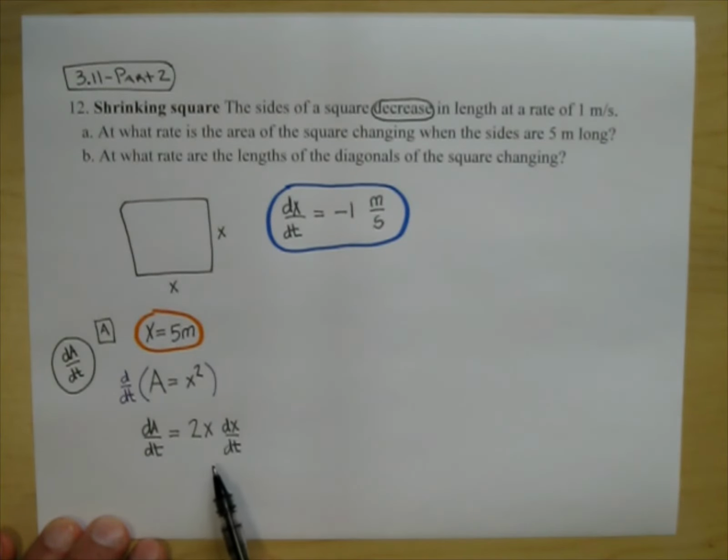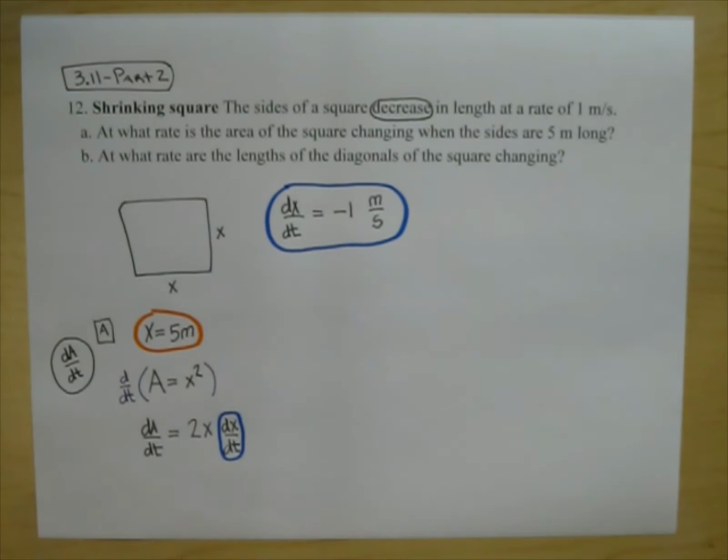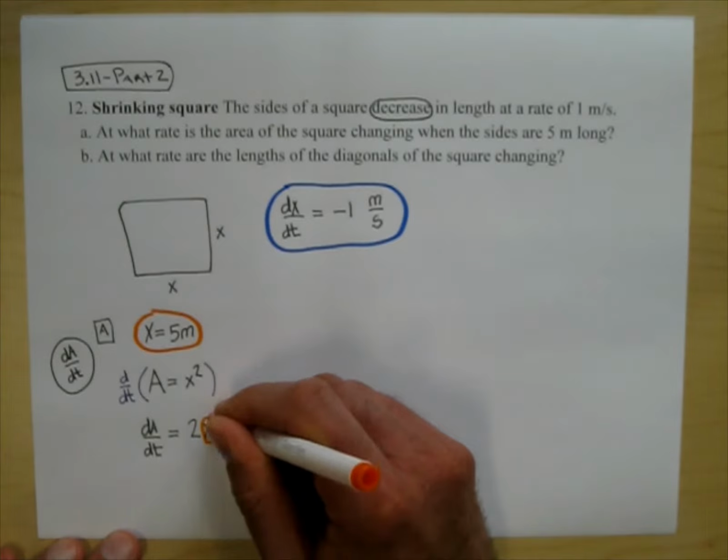So I have this equation here that has rates of change in it, and I know two of these variables. See, there's one variable, dA/dt, the second variable is x, and the third variable is dx/dt. So I know dx/dt. I also know what x is.